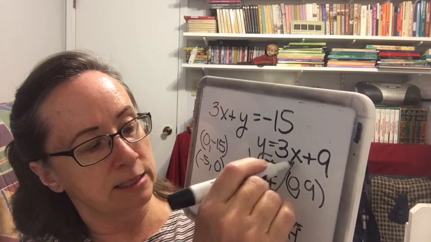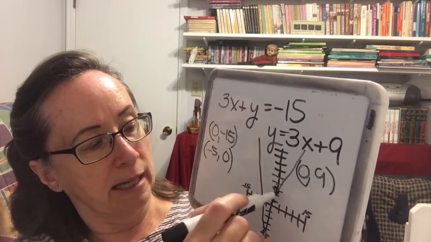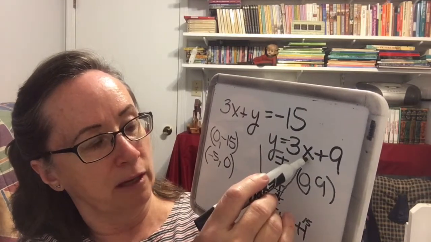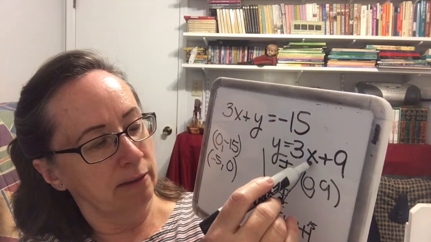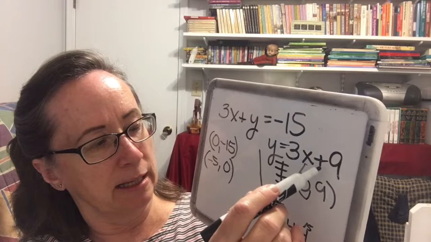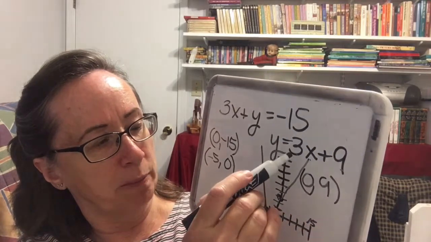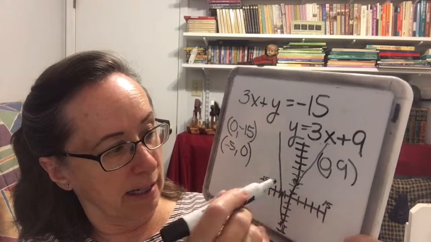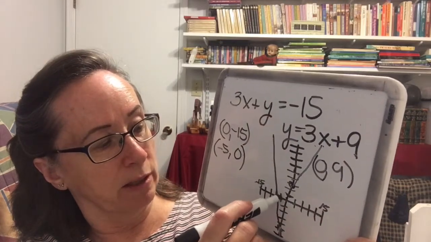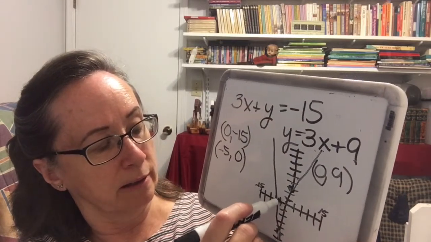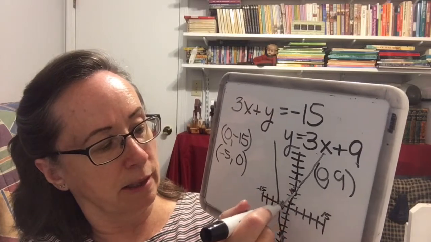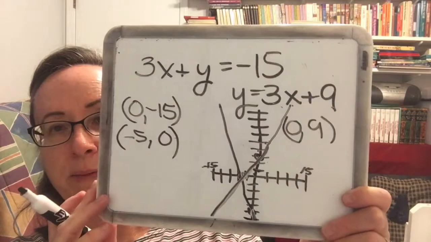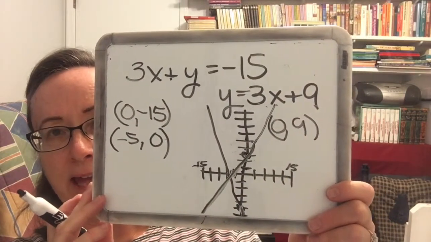So let's just find the point. Let's go backwards here. If we plug in a negative 1, then we're going to get a 6. If we plug in a negative 3, we're going to get a 9. So negative 3 is just one little hack mark there. So this one's going to come down this direction. Okay, so I've got something that's looking like that.